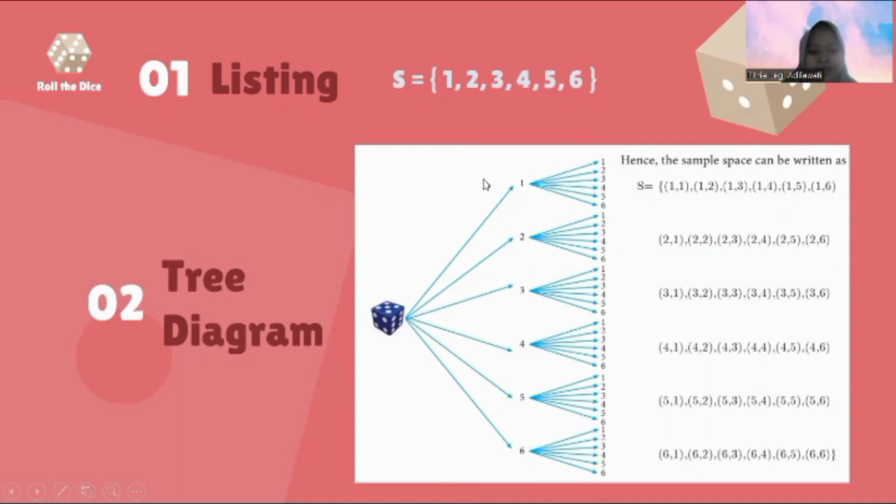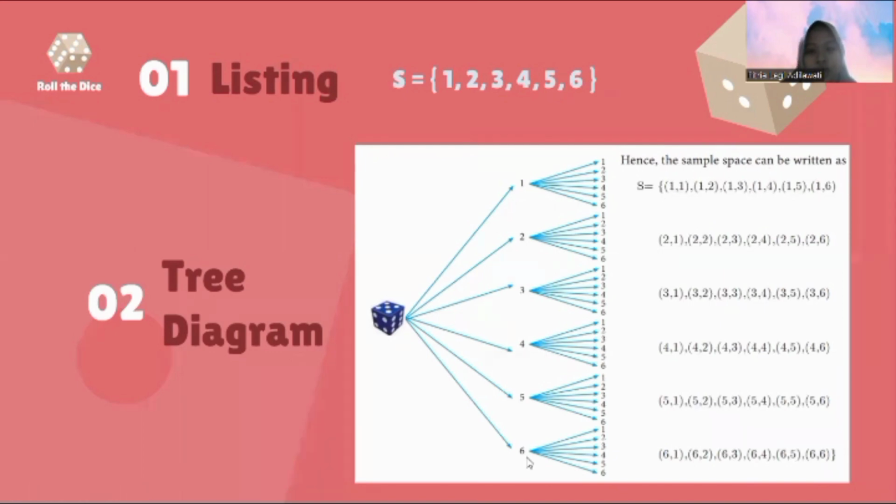And the solution of sample space for rolling 2 dice, we use the second way, that is tree diagram. There are 36 sample space. The sample space can be written as S is equal to open bracket 1.1, 1.2, 1.3 until 6.4, 6.5, and 6.6. And you guys can see in this illustration.